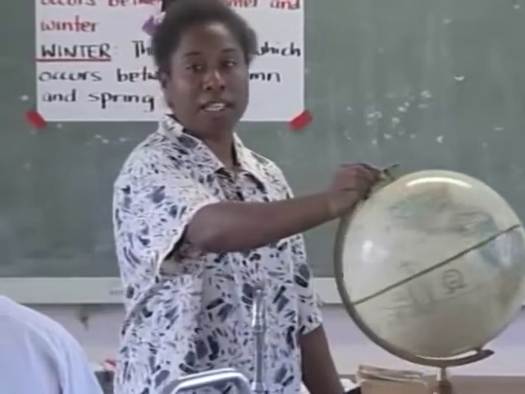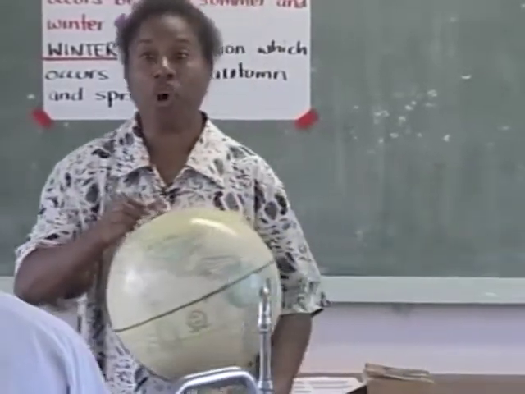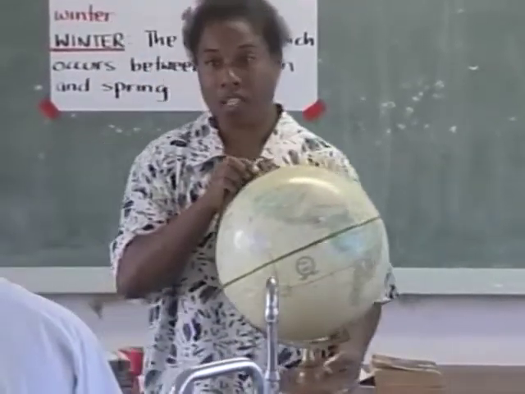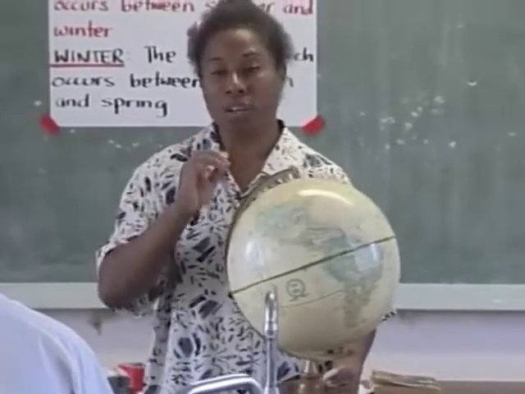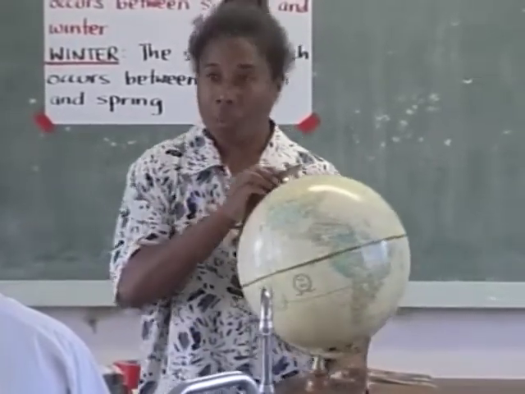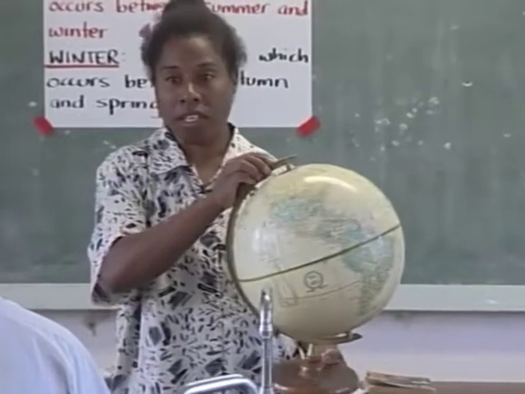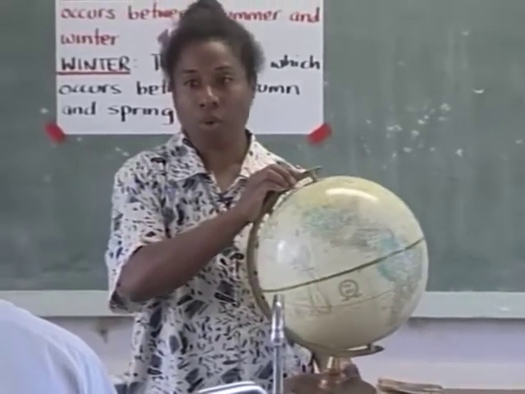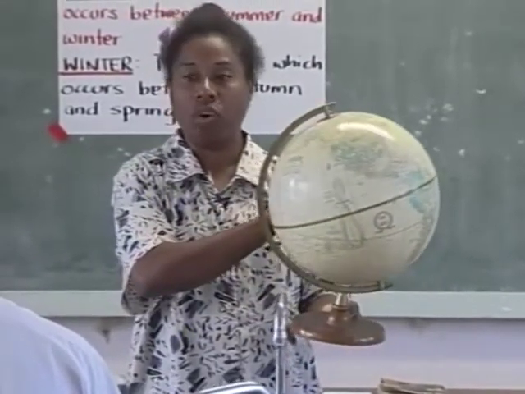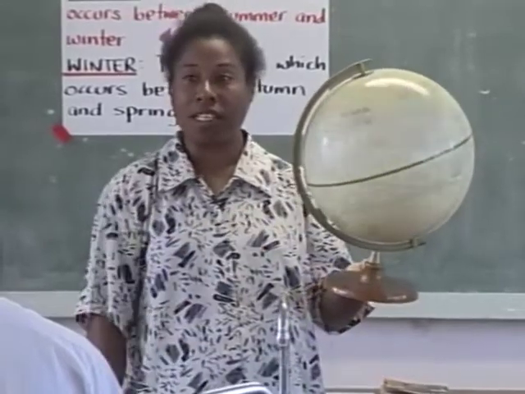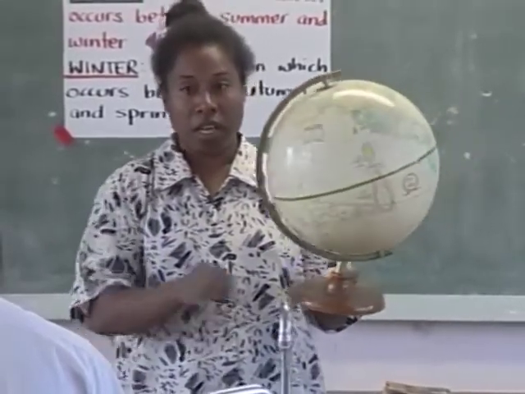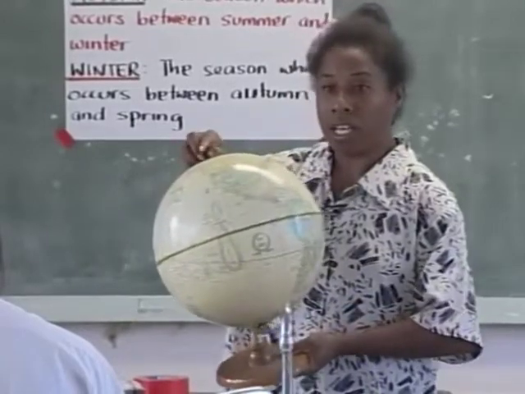But that is not what the Earth does in its orbit, not rotation, but revolution around the sun. The way that the Earth orbits is in this motion. So beside the movement of rotation on its axis every 24 hours, the Earth orbits in this motion.